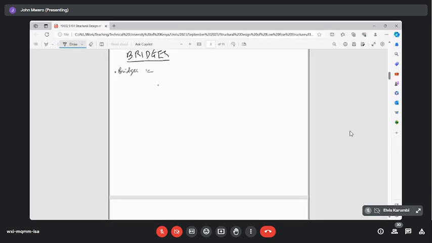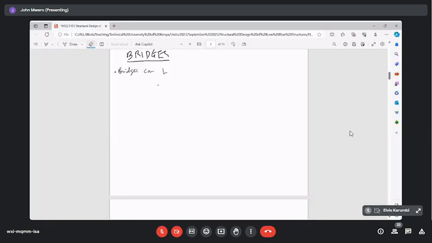Things misbehaving in the morning. Bridges can, oh, can be classified by their material of construction.